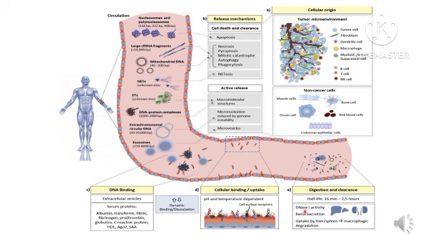So the half-life of cell-free DNA in the circulation ranges from 16 minutes to 2.5 hours. So we have seen the source of cell-free DNA, various release mechanisms, DNA binding and uptake, and digestion and clearance in the circulation.